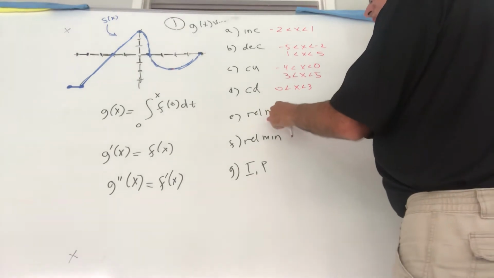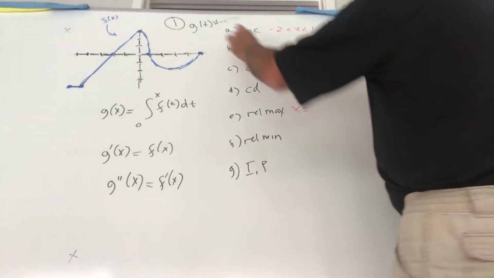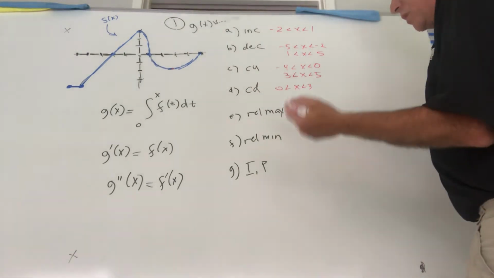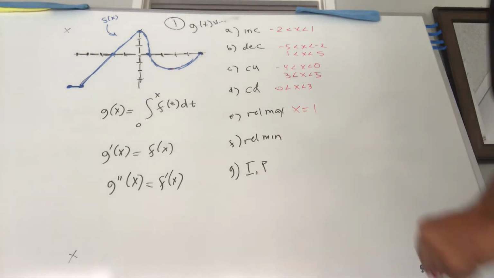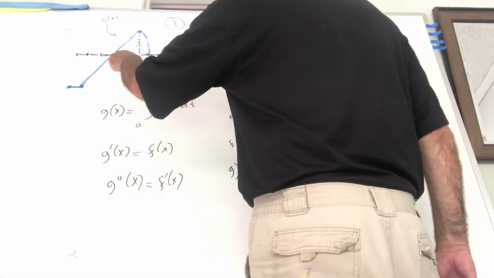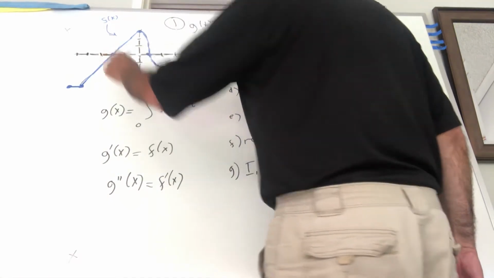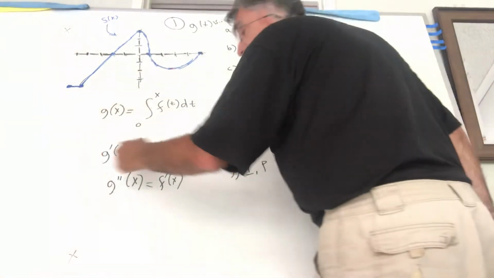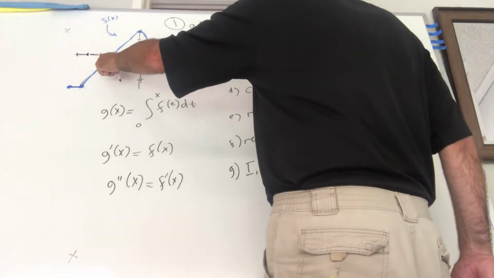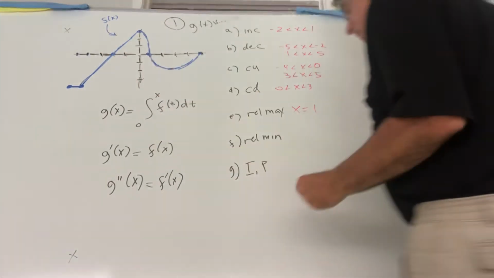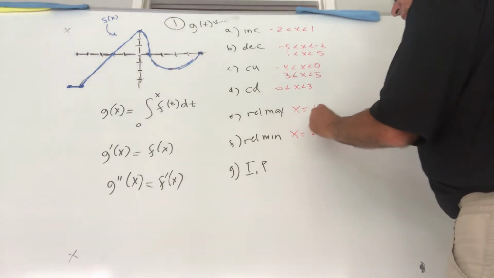Now that's not the actual y value, but the question I asked you is where will that happen? What is the relative min right there? Because the derivative is 0. Because remember, the derivative is f. F has a value of 0 there, and it changes from being negative to positive at -2.